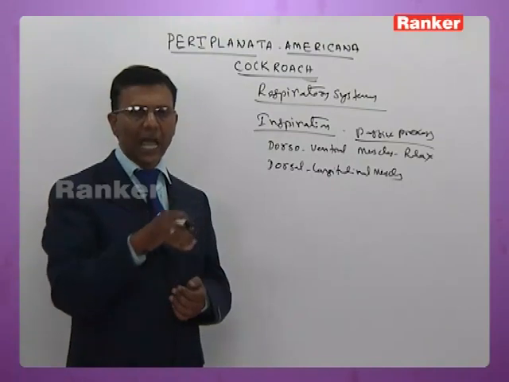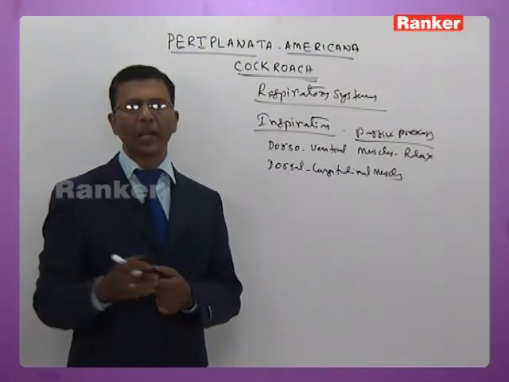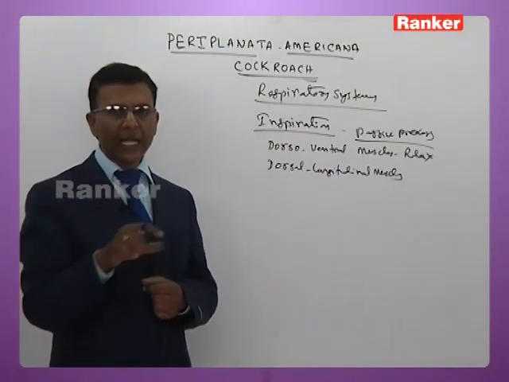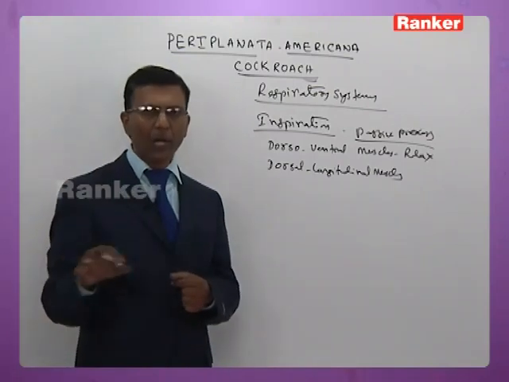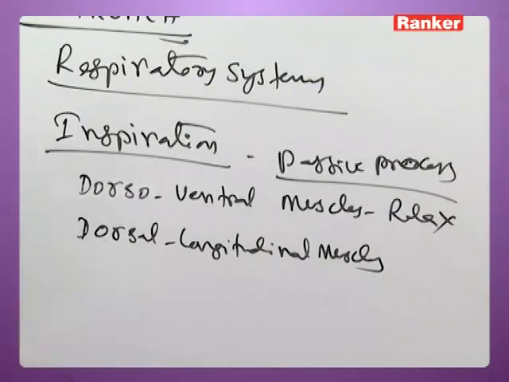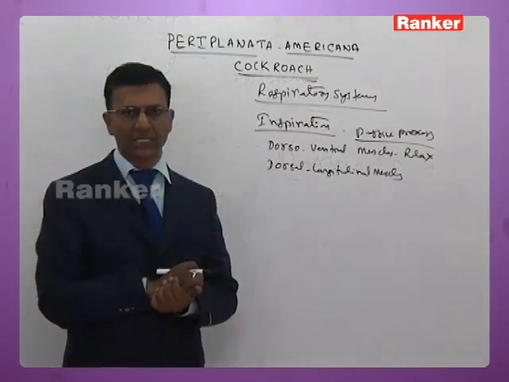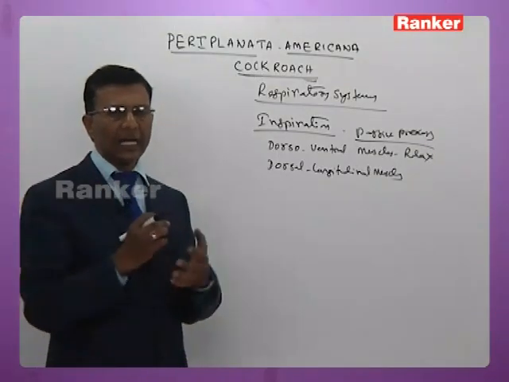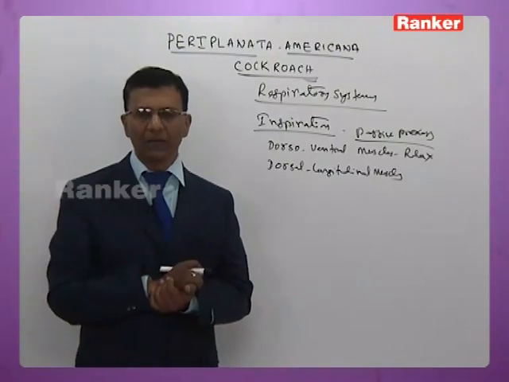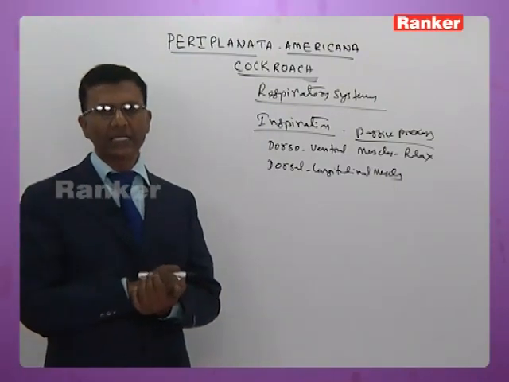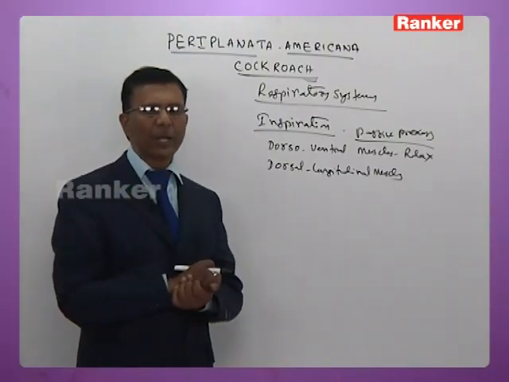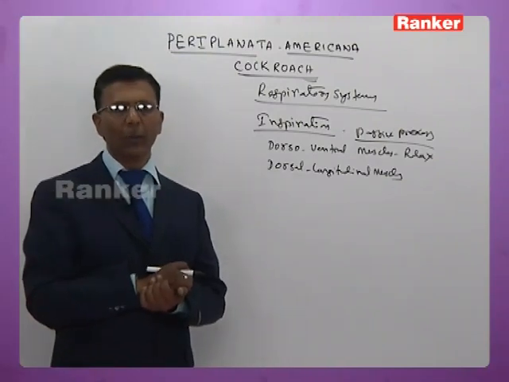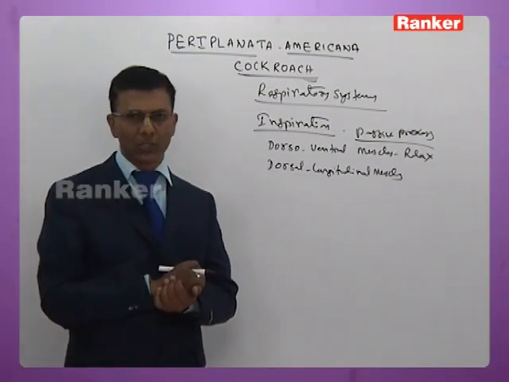As a result, the anteroposterior volume of the thorax increases due to relaxation of the dorso-longitudinal muscles. Dorsoventrally, the volume of the thorax increases due to relaxation of the dorsoventral muscles. And the air enters into the trachea because of the increase in volume of the thorax and abdomen. During inspiration, thoracic spiracles are open while abdominal spiracles are closed.